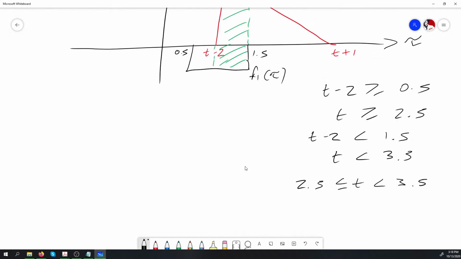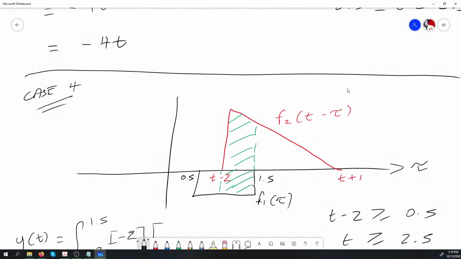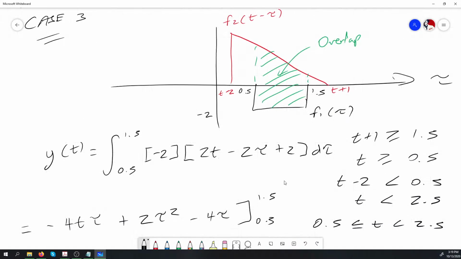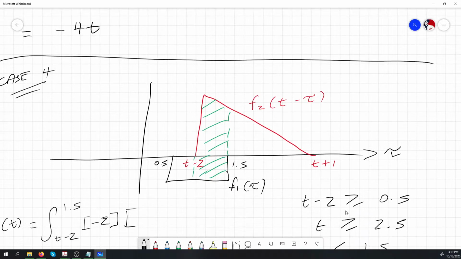Then our y of t equation, when we do our integral, will have limits between 1.5 and t minus 2, into the same equation that we had before, which is 2t minus 2 tau plus 2.